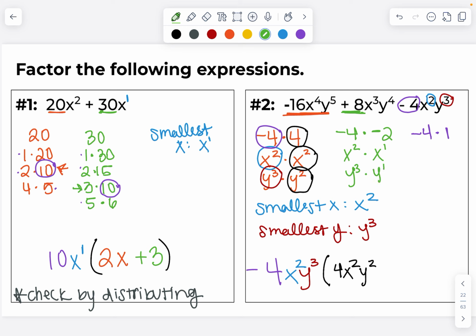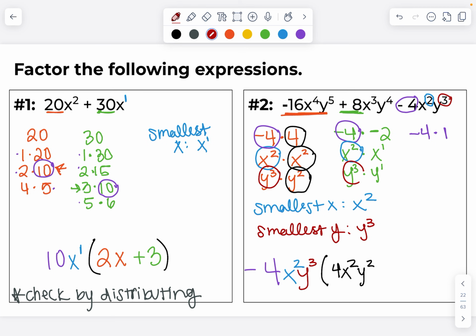So I'm left with y squared. So again, these are those GCF values that are getting pulled out. And then this is what gets left behind. So I can write this as negative 2xy. I don't have to write the x to the first, y to the first. I could just write xy.